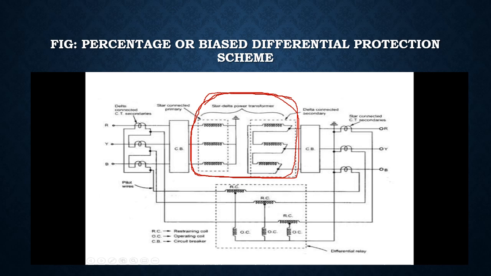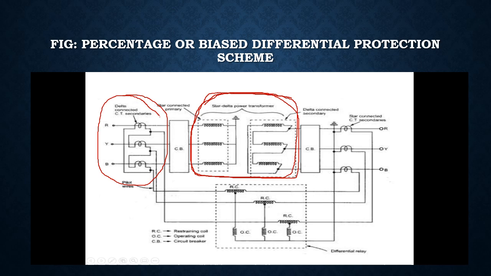The primary circuit is connected in star, the secondary circuit is connected in delta. When the primary circuit is in star, the CTs placed on the primary side should be in delta.